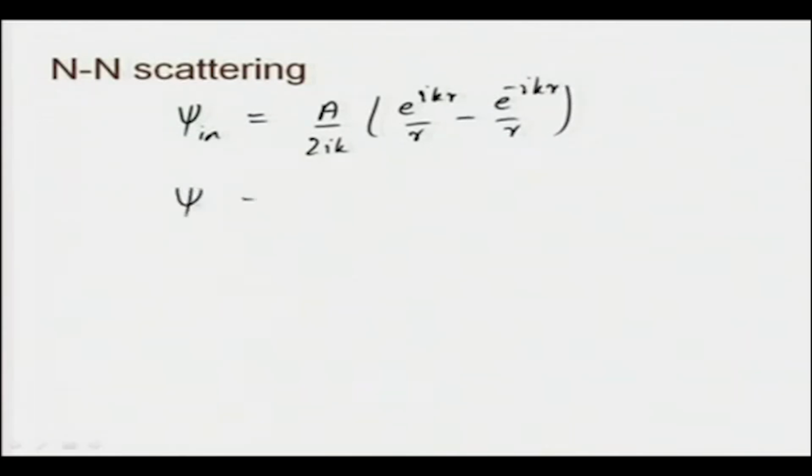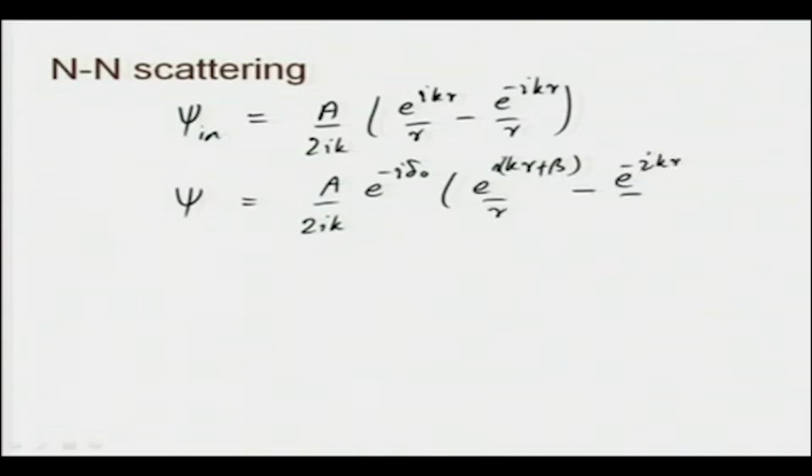And after scattering, we have A over 2 i k e power minus i delta 0 times e power i k r plus beta minus e power minus i k r over r.